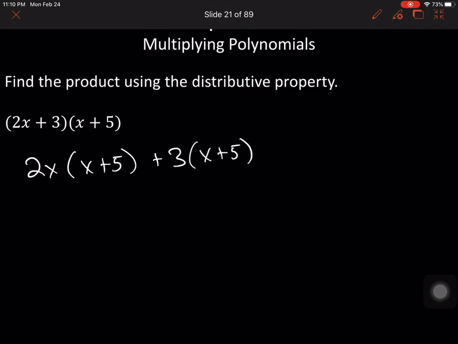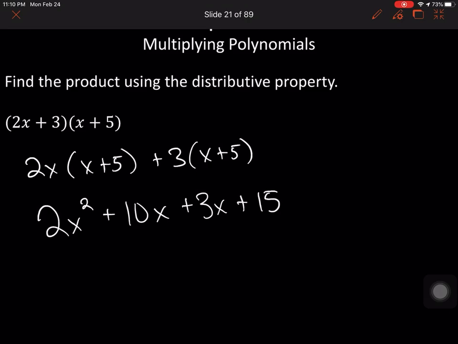So let's do that. 2x times x is 2x squared. 2x times 5 is 10x. 3 times x is 3x. And 3 times 5 is 15. If there are terms that we can put together, this is the place that we would do that.